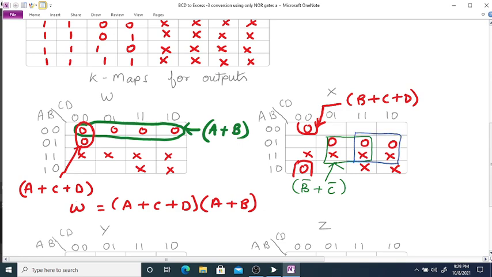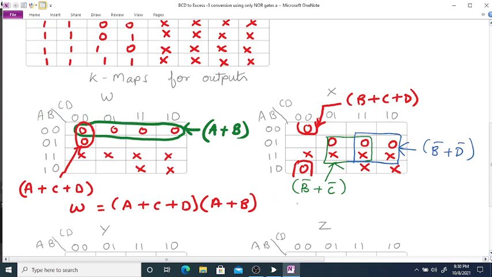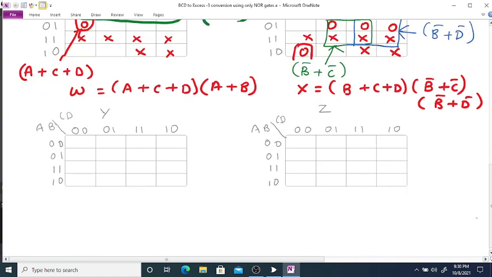This quad is represented by B bar plus D bar. So, the Boolean expression for X will be B plus C plus D and B bar plus C bar and B bar plus D bar. So, this will be the Boolean expression for X.